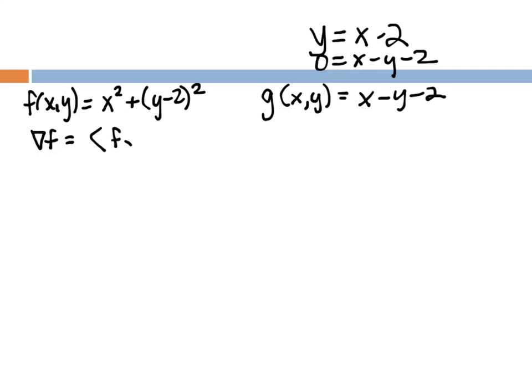Yeah, so this is f sub x, and then f sub y, and it's a vector that's formed by taking those partials. So, using this equation, what is f sub x? 2x. What is f sub y?